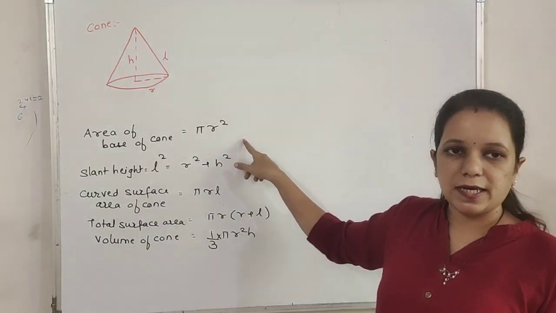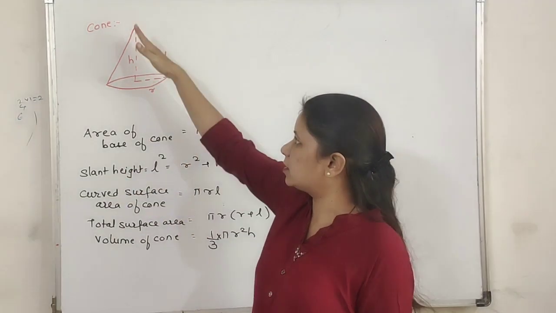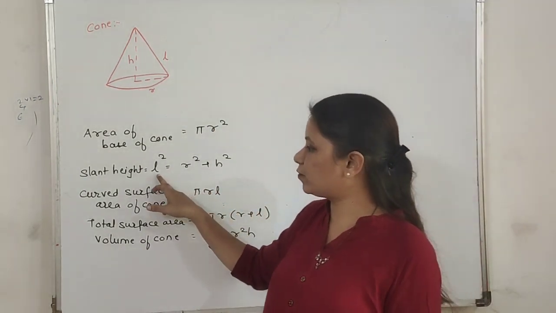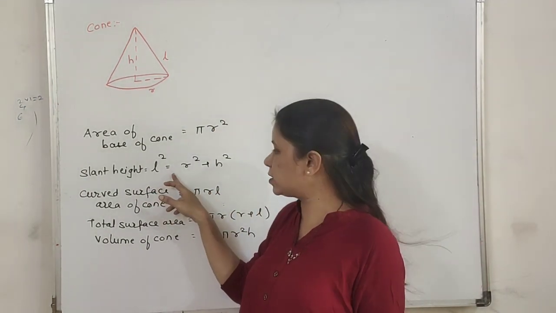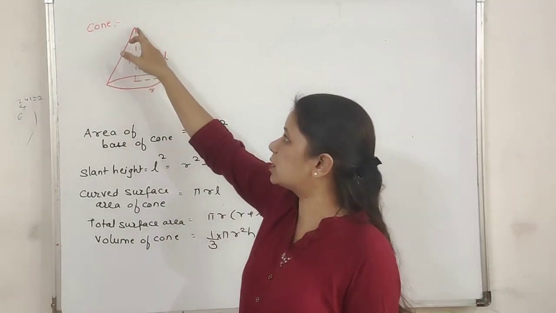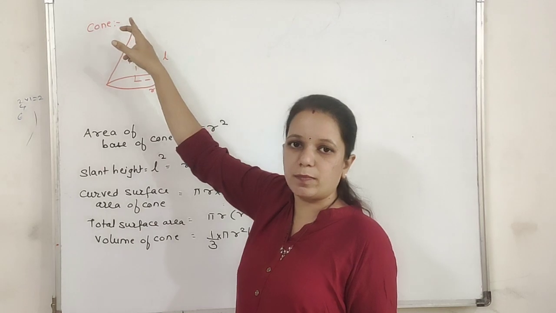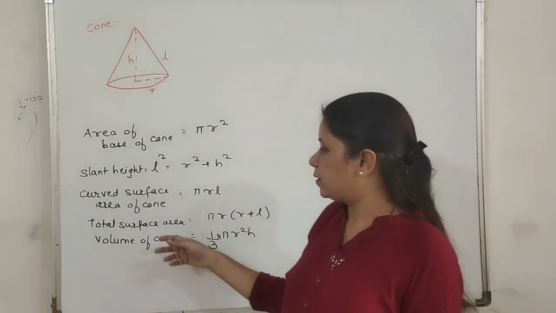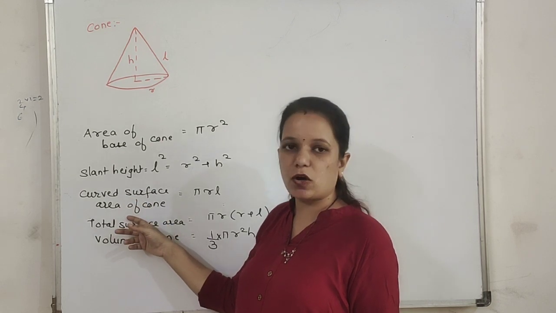Then slant height. This is the slant height of the cone. So slant height of the cone is given as L square is equal to r square plus h square. We had seen it previously by Pythagoras theorem. L square is equal to r square plus h square. Then curved surface area of the cone.